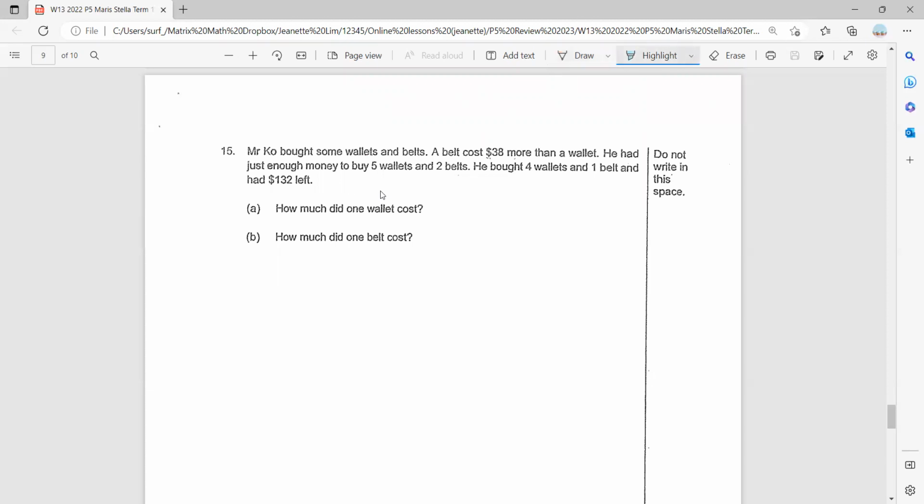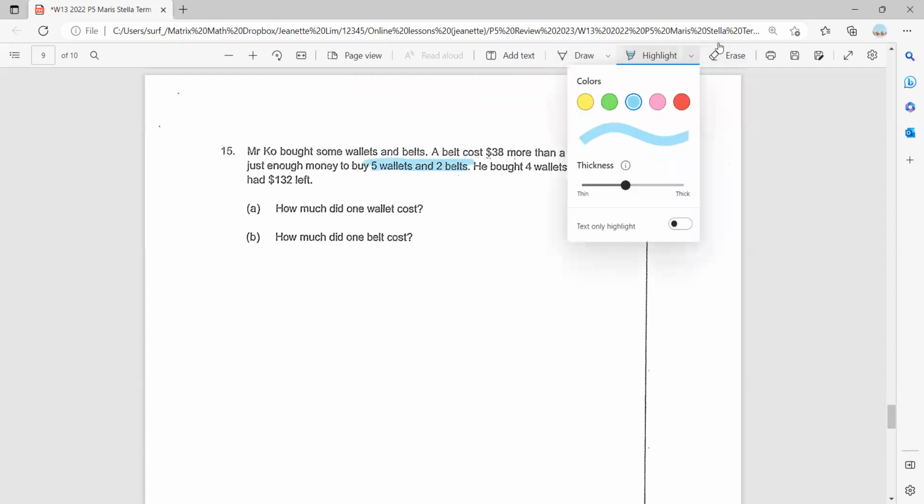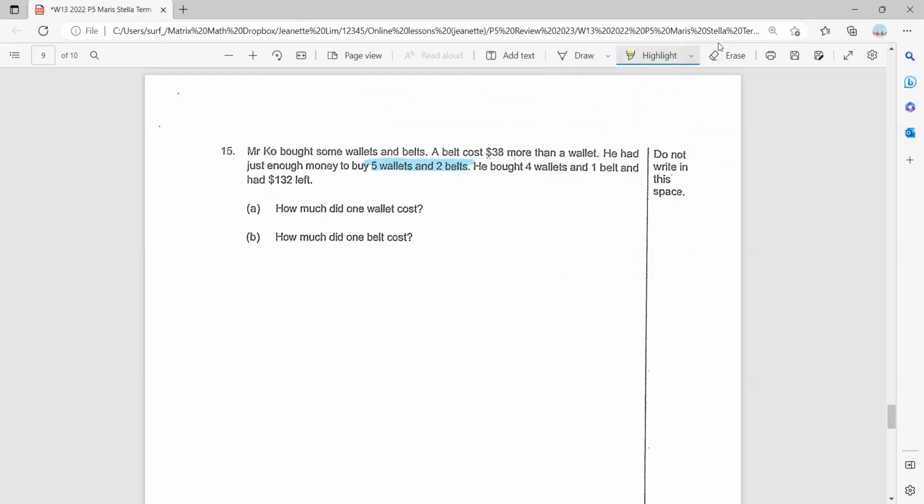Okay, so first, he had enough money to buy this, right? Just nice. But instead of buying that, he actually bought 4 wallets and 1 belt and had $132 left. So they must cost the same, I mean, they should have the same value, right? The one in blue and the one in yellow, since that's the total amount of money.